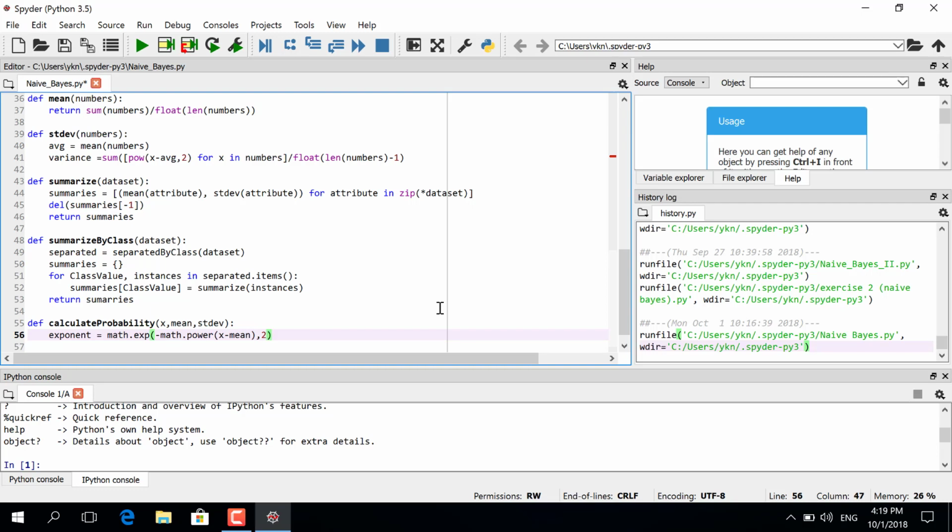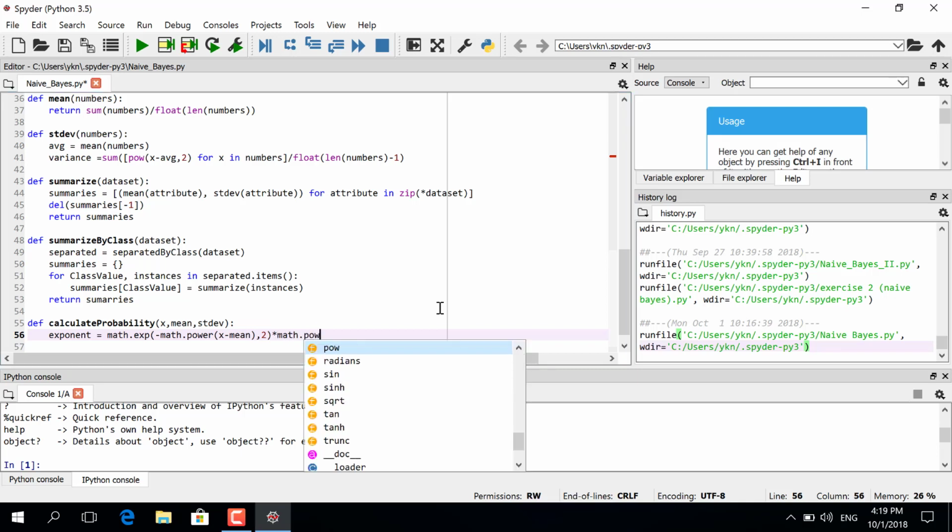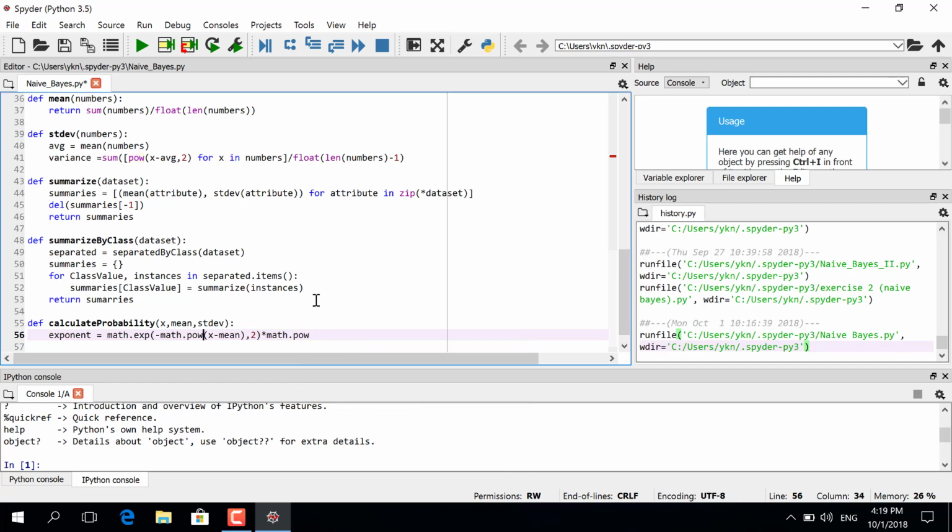Oh, sorry, because we are using math instead of numpy, then we write only pow. You have to stick with the rules of its library. For instance, if you are using numpy, then you need to write power instead of pow.